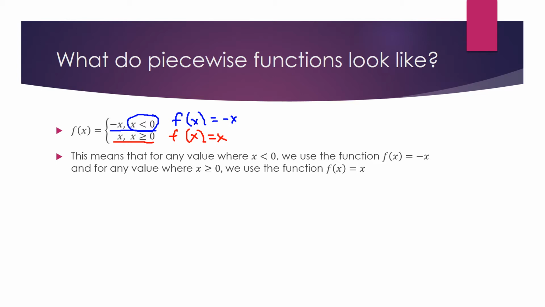Recapping, again, this means that for any value where x is less than 0, we're going to use the part of the function f of x equals negative x. For any value where x is greater than or equal to 0, we'll use the function f of x equals x.